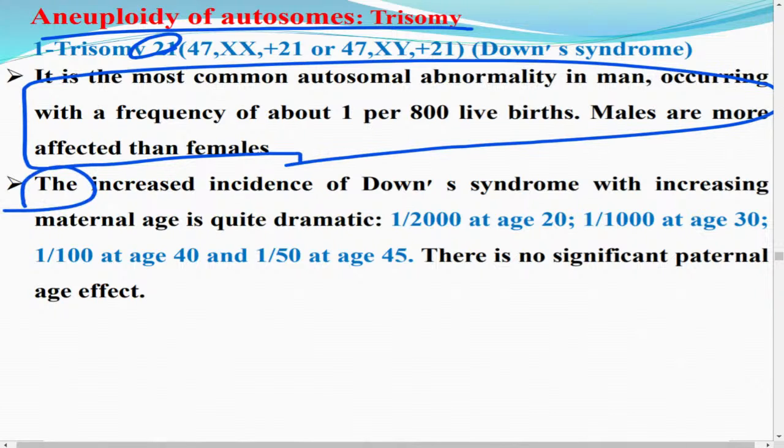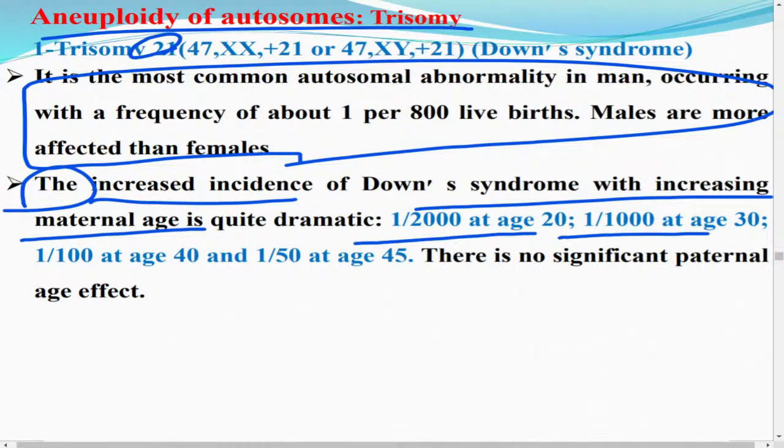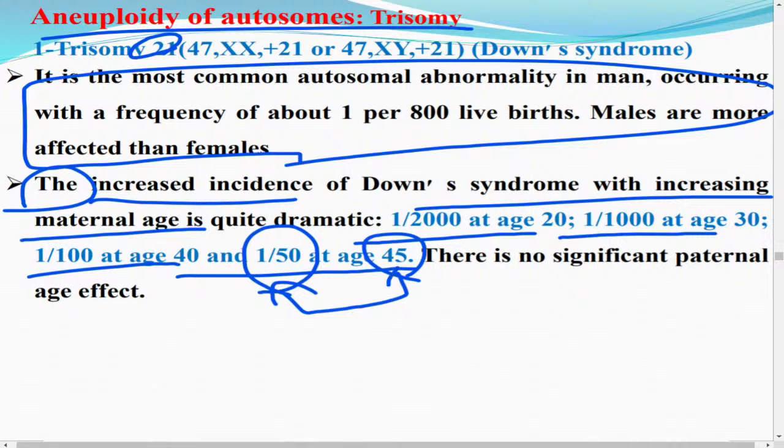Now we will talk about the increased incidence of Down syndrome with increasing maternal age, which is quite dramatic. As we can see, about 1 in 1,000 at age 30 and 1 in 100 at age 40. 1 in 50 at age 45, which is a very dangerous age for Down syndrome.